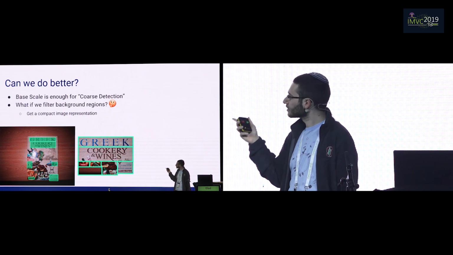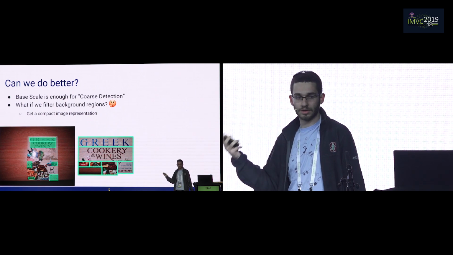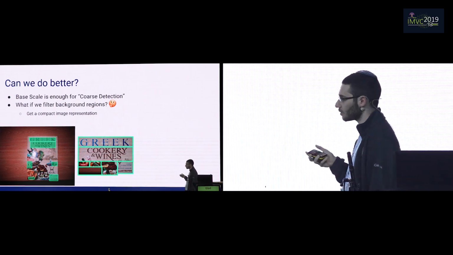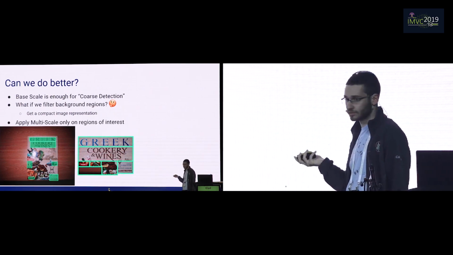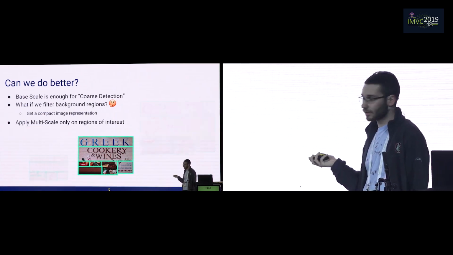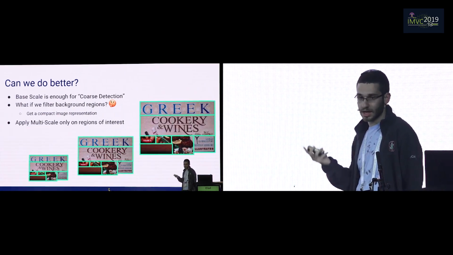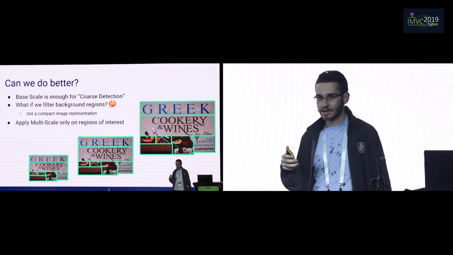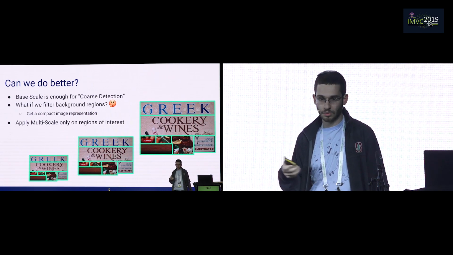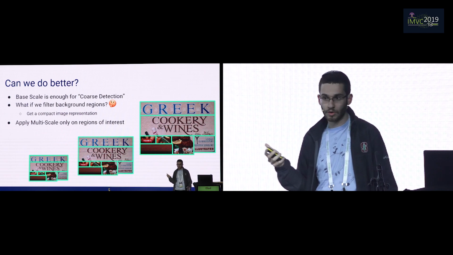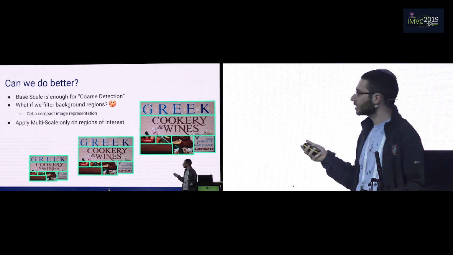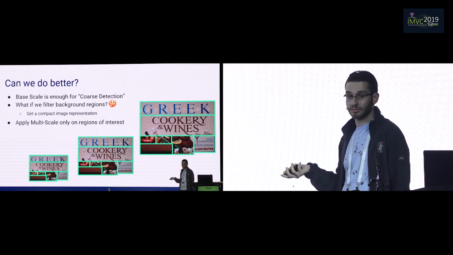We took the regions of interest, the regions that might contain text, and created this compact image. Now we can run multi-scaling on this image. It might seem like not a big deal, but especially nowadays, when many benchmarks and data sets are sparse and most of the pixels are simply not text, this kind of factor can be really important.